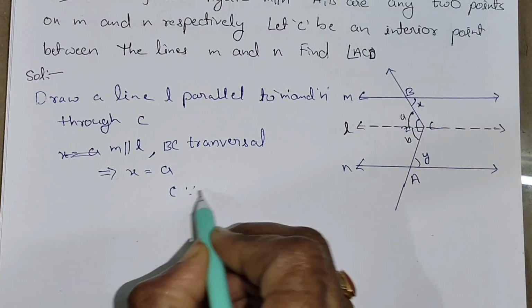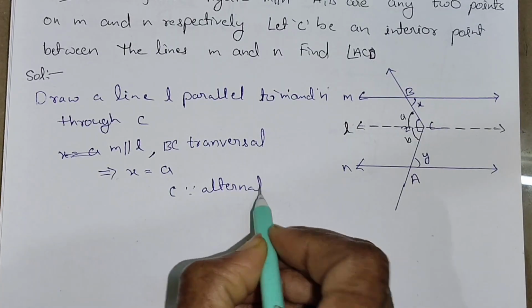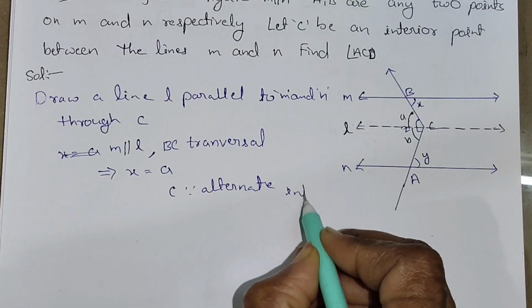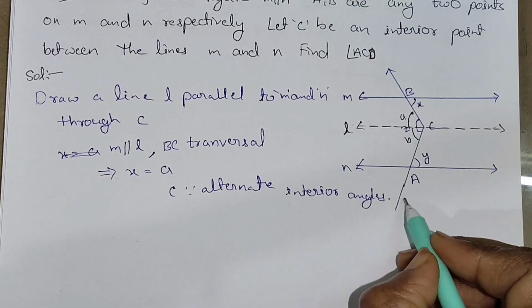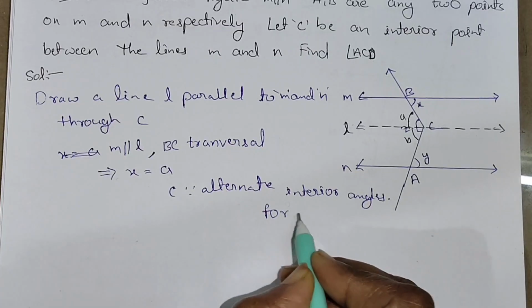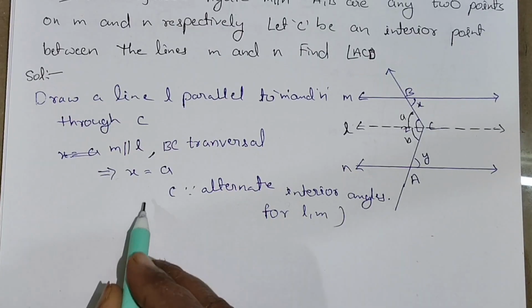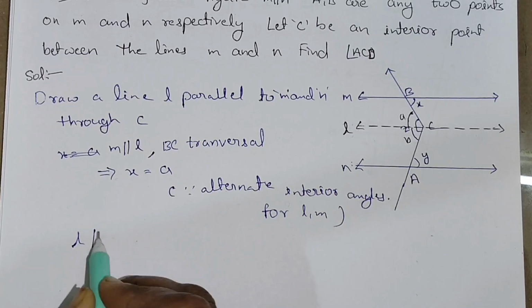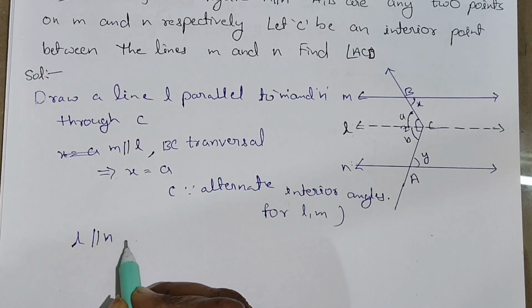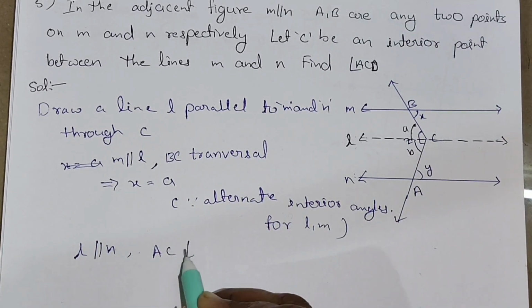Alternate interior angles for L, M. Now next, L is parallel to N, and AC is a transversal.